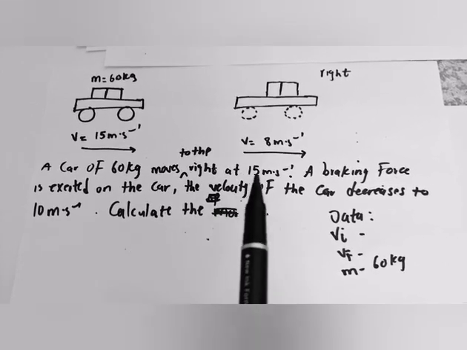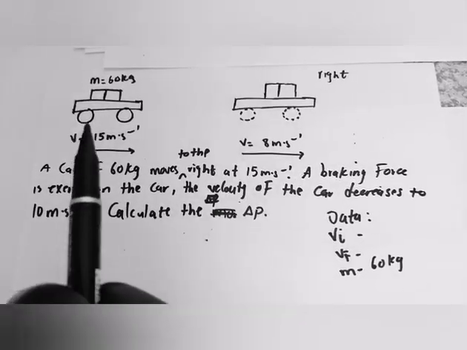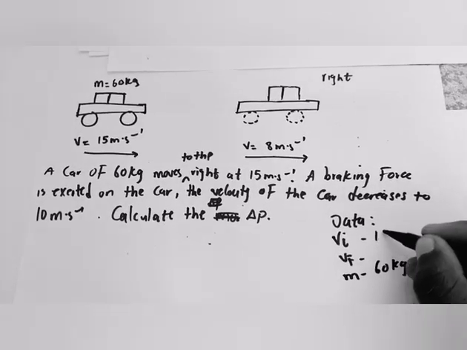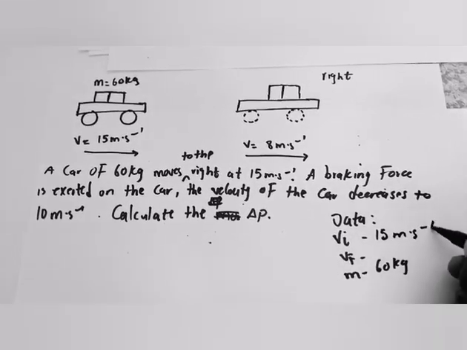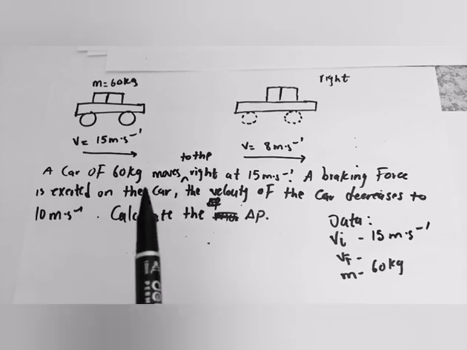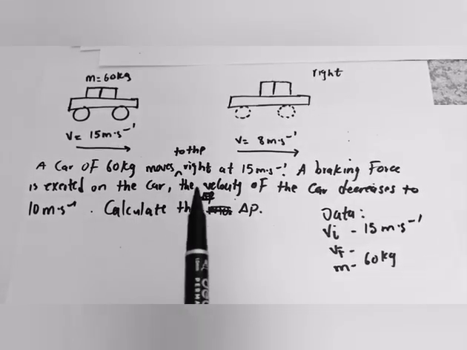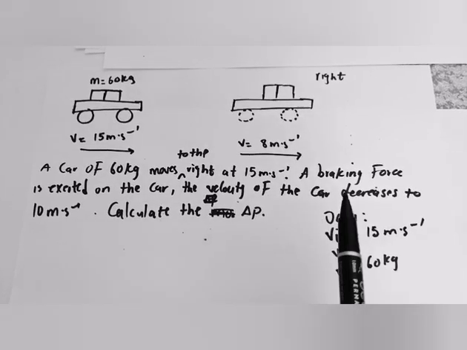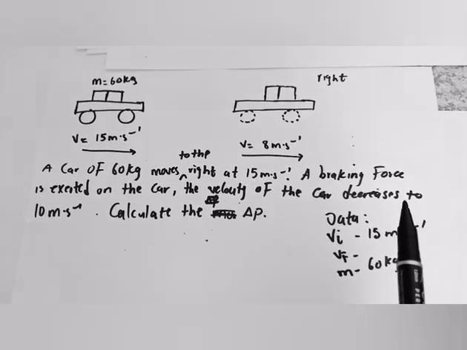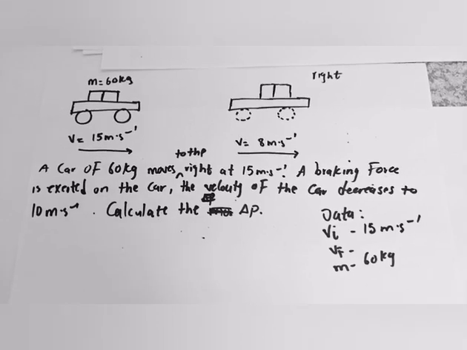Now it moves to the right at a speed of 15 meters per second. So this is the initial velocity. The braking force is exerted on the car. The velocity of the car decreases or changes to, remember, 10 meters per second.